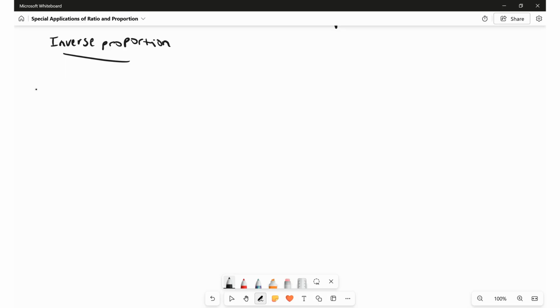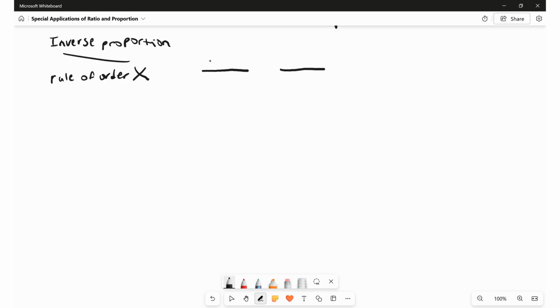So if we are looking at an inverse proportion, this is where the rule of order does not apply. So remember, we talked before with the rule of order, and this is really only for direct proportion. Okay.